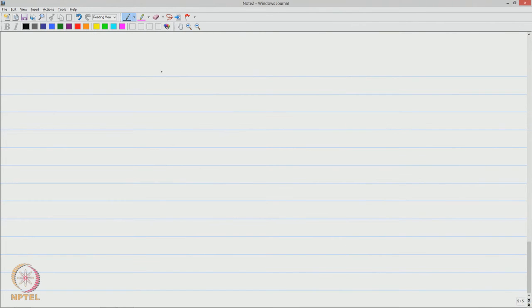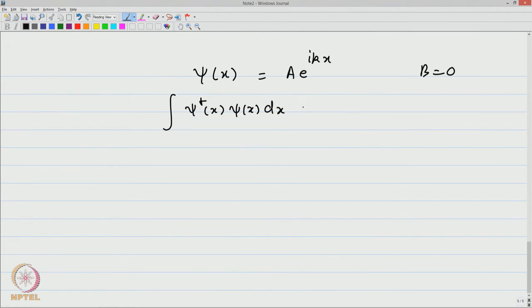If you take even one term, for example, if you say psi of x is A e to the i k x, and let us assume that B is 0, it is very clear that the integral of psi star psi dx is A star integral e to the i k x times e to the minus i k x.